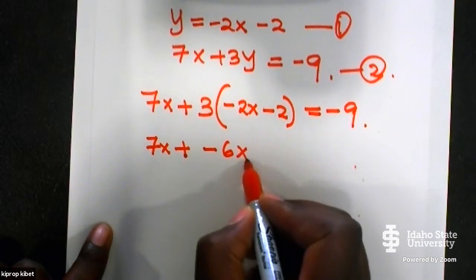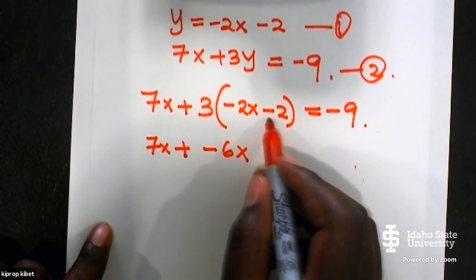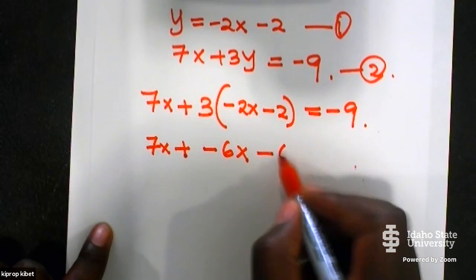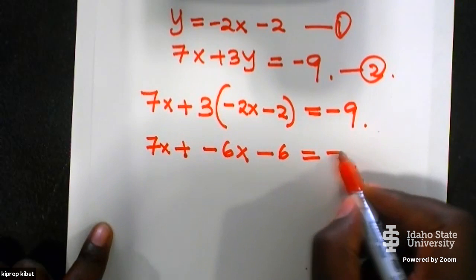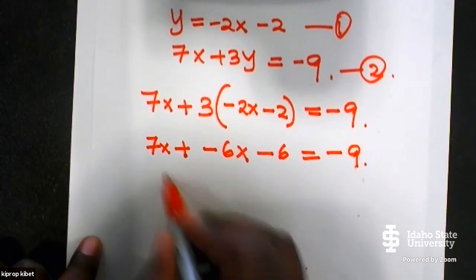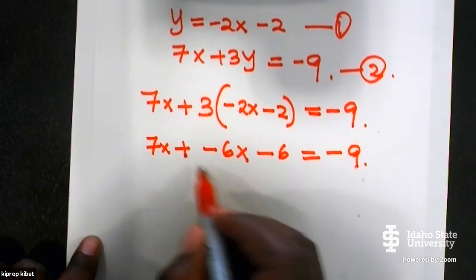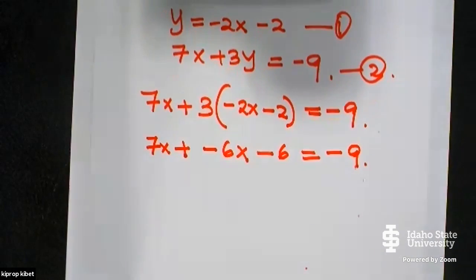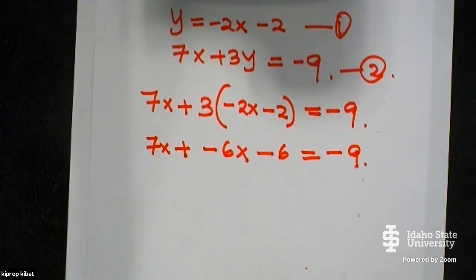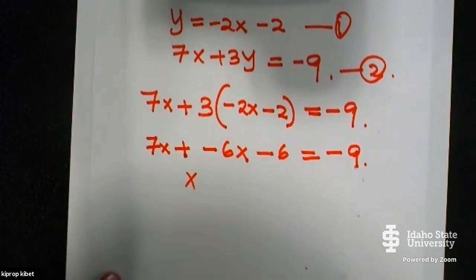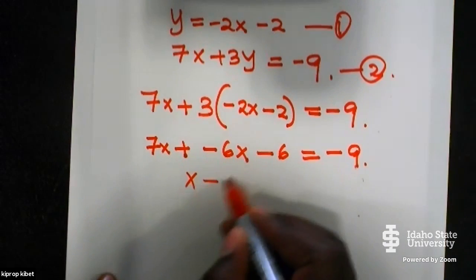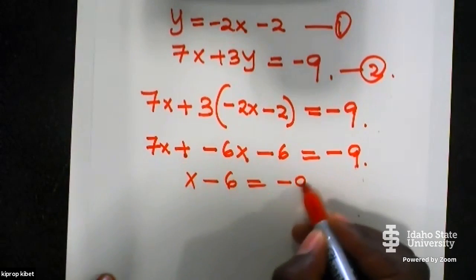Minus 6x. 3 times minus 2 is minus 6, equals minus 9. So 7x plus minus 6x is what? x, right? So x minus 6 equals minus 9.